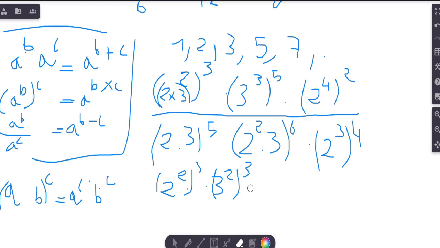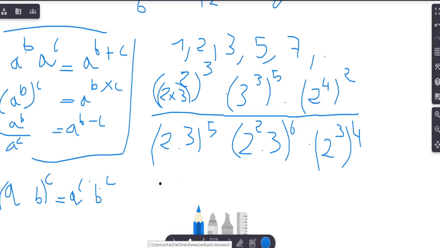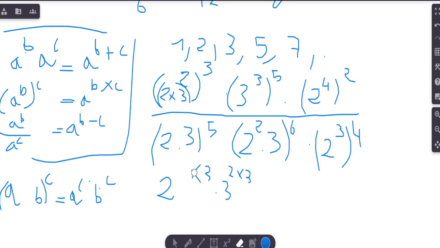So let's rewrite: 2 to the 2 times 3 multiplied by 3 to the 2 times 3. And the exponent is, in both cases, 6. I'm going to rewrite here 6.